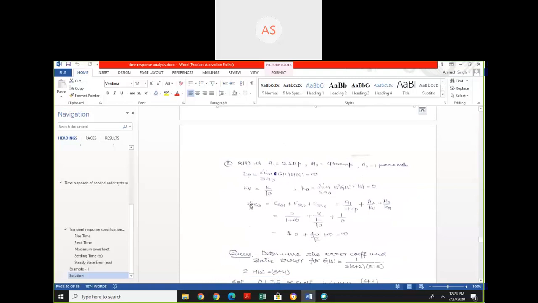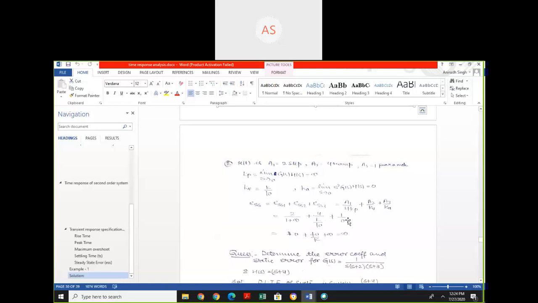So the steady state error by combination of these three inputs, ESS1 plus ESS2 plus ESS3, or we can say that A1 divided by 1 plus Kp, plus A2 by Kv, plus A3 by Ka. A1 is 2, A2 is 4 and A3 is 1. Kp is calculated.